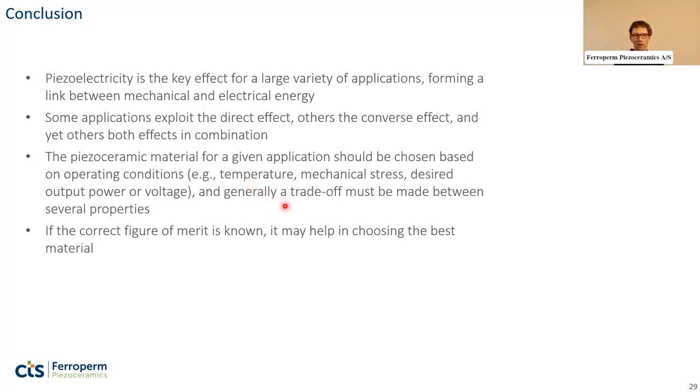Generally you need to find the right trade-off between different properties. In the end here, I showed examples of the concept of a figure of merit that may help you to choose the best material for a specific application.